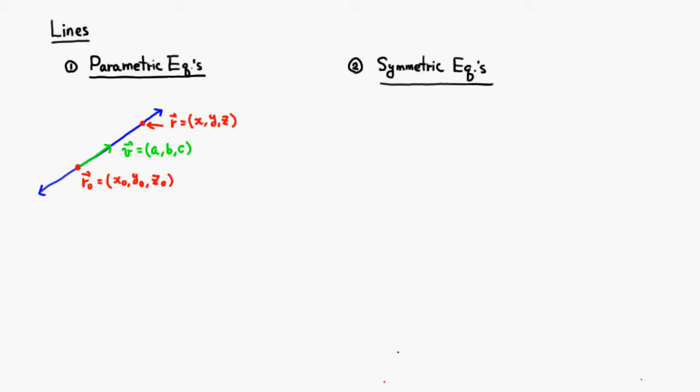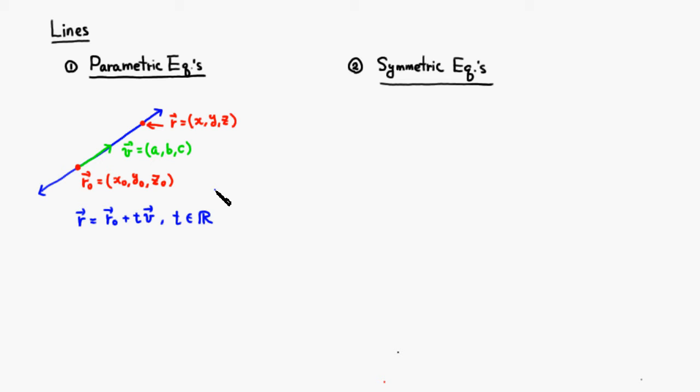So we can write an equation for R, which is equal to R0, the point, plus a scalar multiple, t, times the direction vector v, where t is any real number.